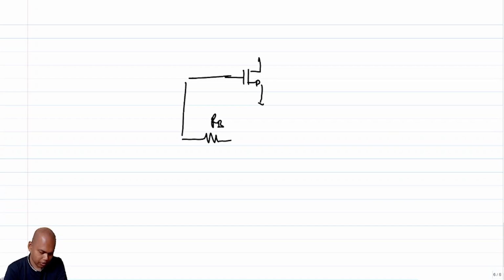So what do I see in RB? Right now this is my network, and you have RB here. If this C naught is sufficiently large, then this is ground, right? And what is the impedance?